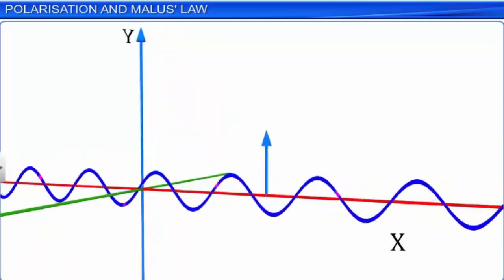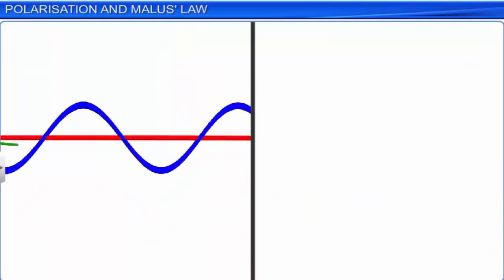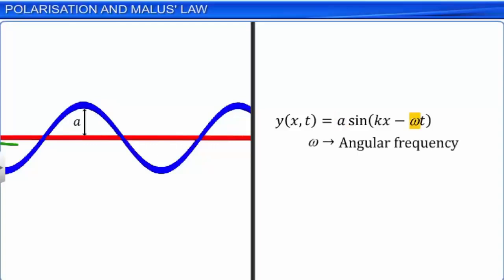Such a wave is mathematically described by y(x,t) = a sin(kx - omega t), where a is the amplitude of the wave, omega is the angular frequency, and k is the angular wave number. The wavelength of the wave is lambda and is equal to 2 pi by k.